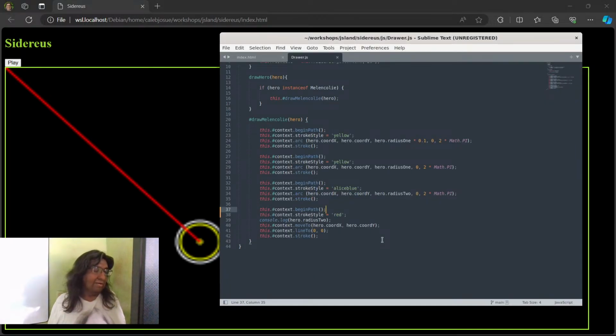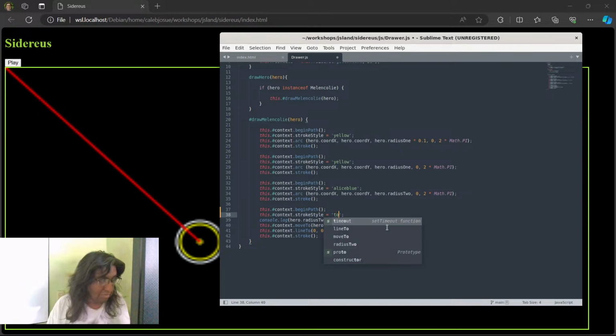So the bullets will be red because it's a very strong color. So for the weapon, let's choose tomato.